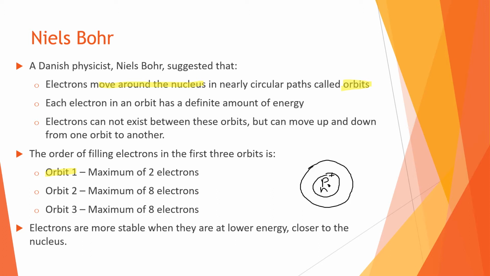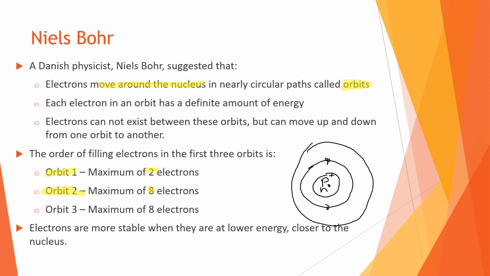Oops. 2 electrons. In the second orbit, I will highlight that, the max is 8 electrons. So the first orbit can only hold 2, but the second orbit can hold 8 electrons. So I'm going to draw a second orbit here.